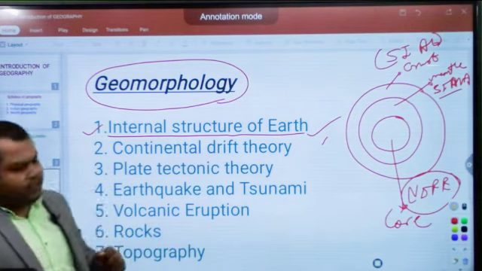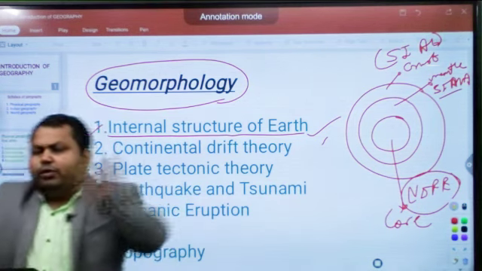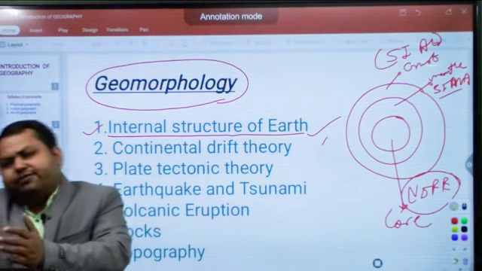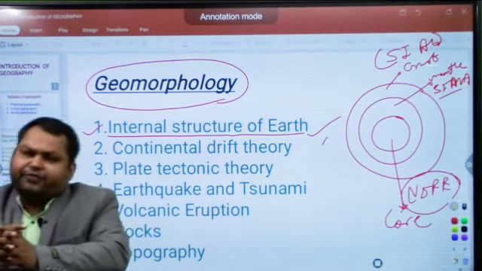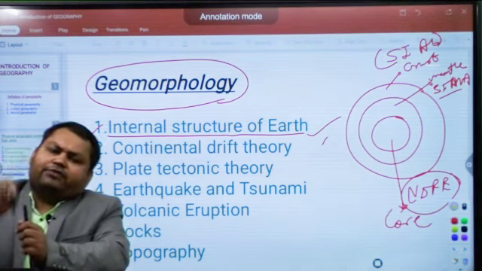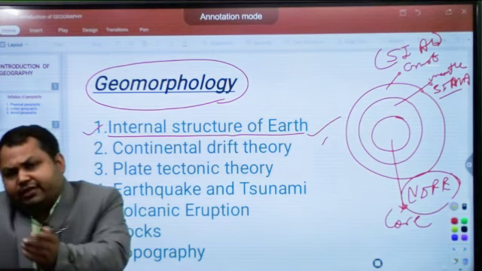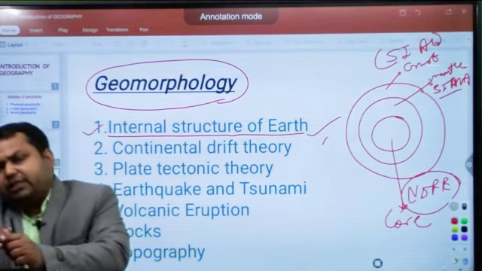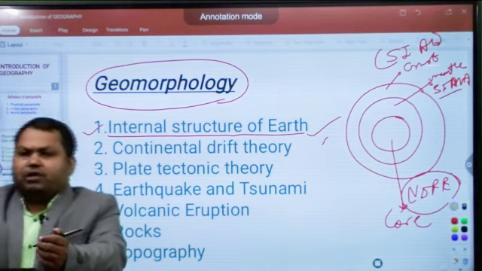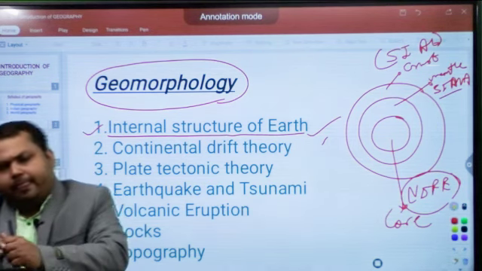This internal structure of Earth is going to influence the formation of various landforms. As we know, inside the Earth there is presence of radioactive minerals which continuously disintegrate and produce an abundance of heat energy.